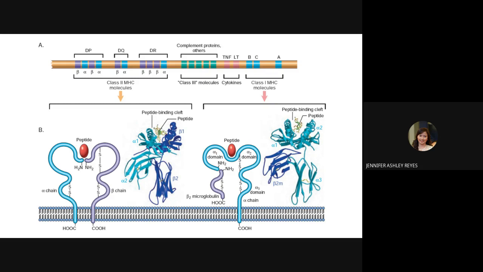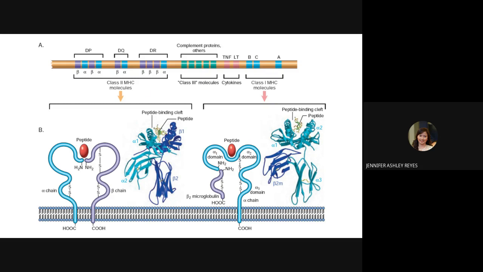Here are just for the purpose of illustration. So makikita nyo that genes that encode several proteins involved in antigen processing, for example, transporter components or components of the proteosomes or HLA-DM, so they belong in the class 2 regions.